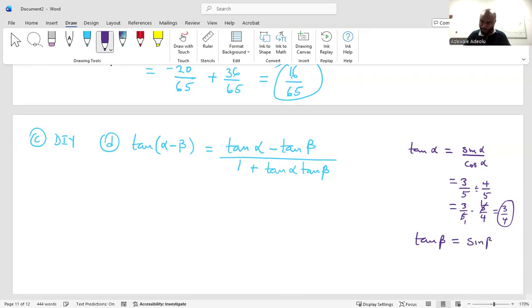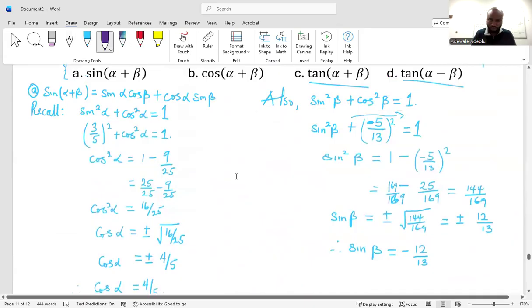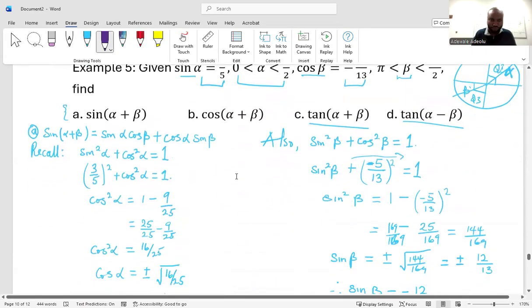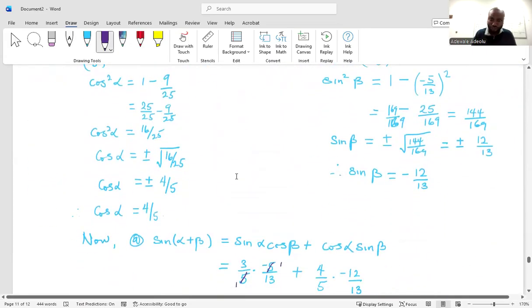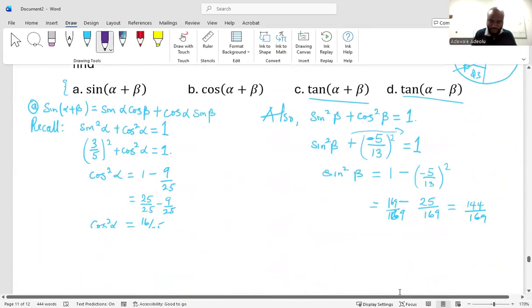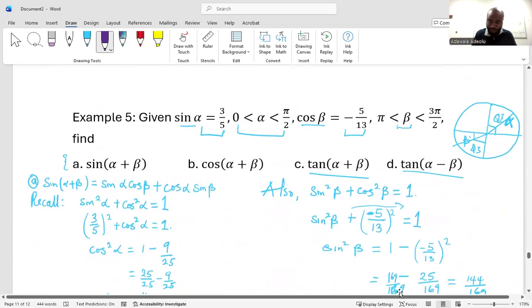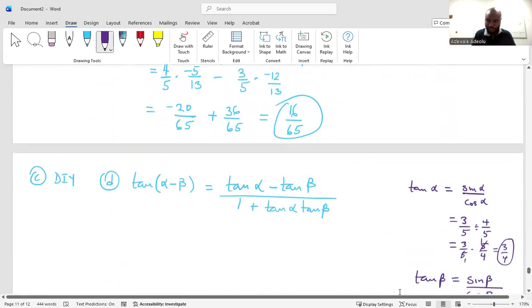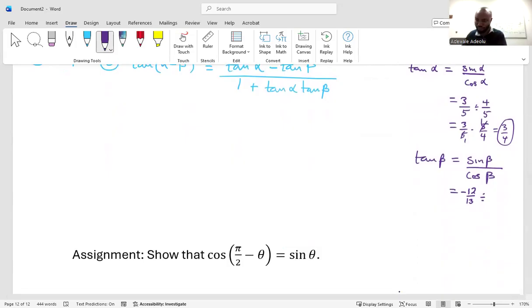Then tangents of beta. Also, that is sine of beta divided by cosine of beta. So that is sine of beta, that is minus 12 over 13, divided by cosine of beta, minus 5 over 13.